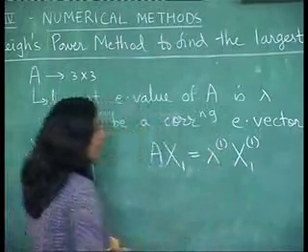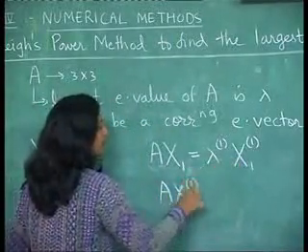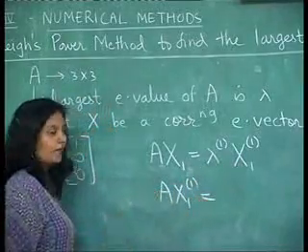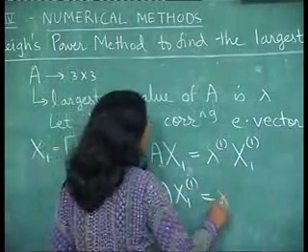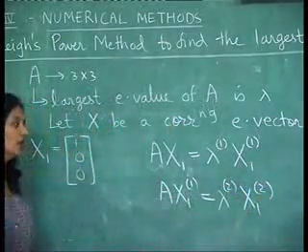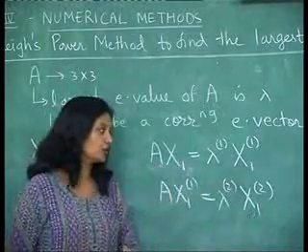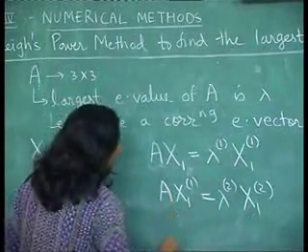In the next step, I will do this into this vector. And once again I will get a column vector. Again I can put it in the form. So this will be my next approximation to the eigenvalue, next approximation to the eigenvector, and so on.